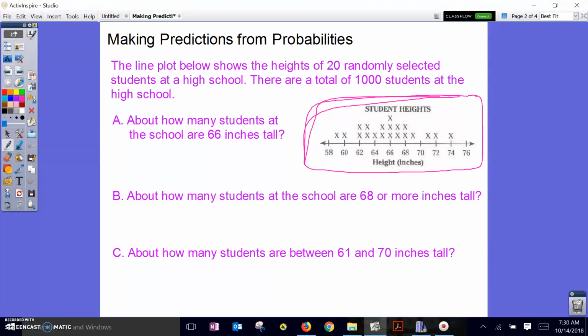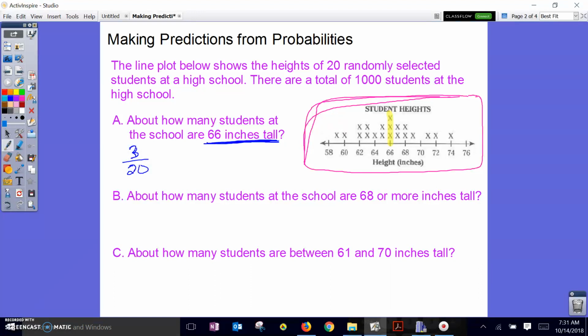So in part A here, we're trying to find about how many students are 66 inches tall. So I look at my line plot and I see that at 66 we have 3 out of the 20 students. And so our probability that a student is 66 inches tall in this high school, based off of the data that we've collected, is 3 out of 20.